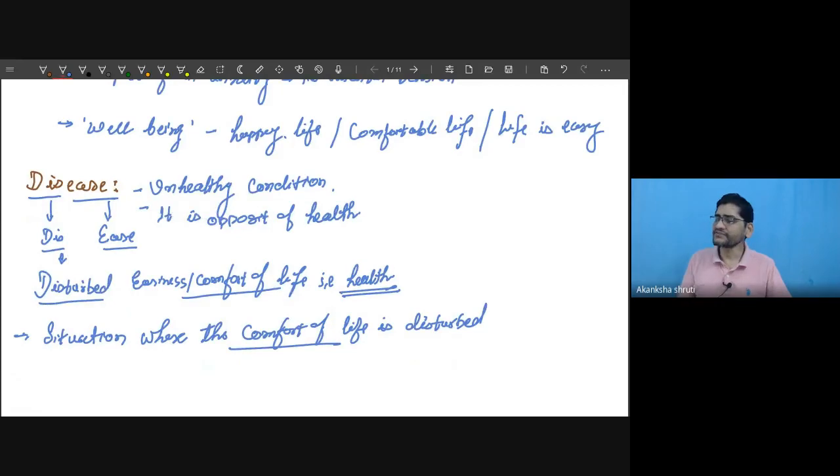So this arises when some organ of the body is malfunctioning. Malfunctioning means not proper functioning of the organ of the body.